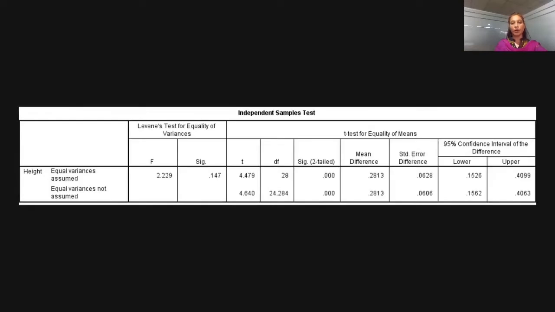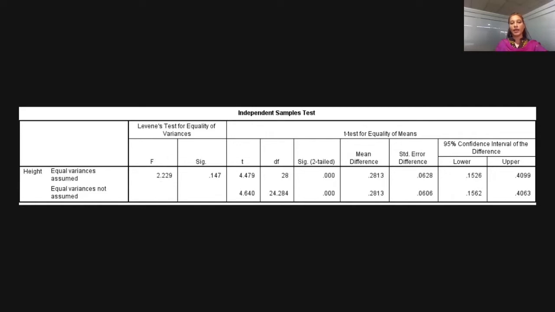The second table of the SPSS output is based on the independent samples t-test. In this table, we first have to see Levene's test F value, which is 2.229, and its corresponding significant value is 0.147.